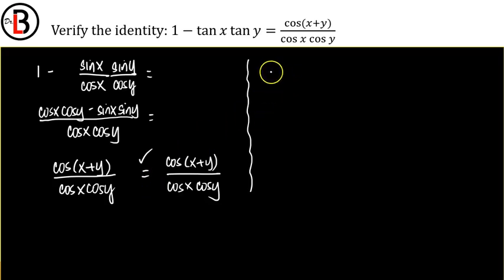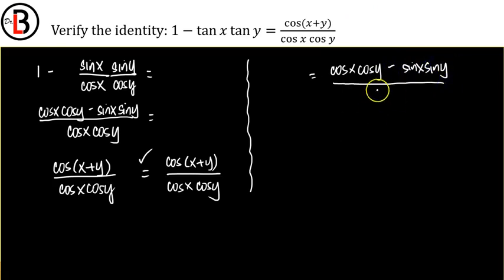But what if what I wanted to manipulate is the right side? So what I could do here is cosine x cosine y minus sine x sine y all over cos x cos y.